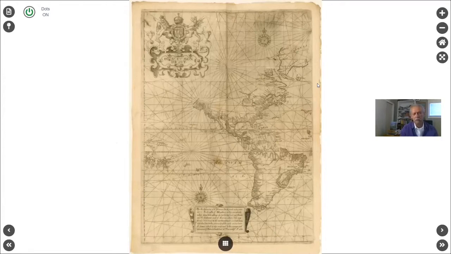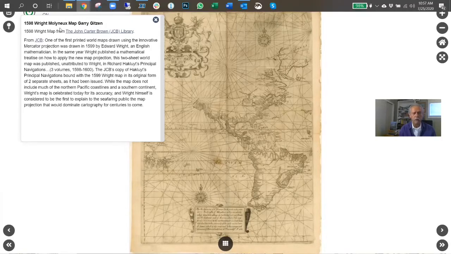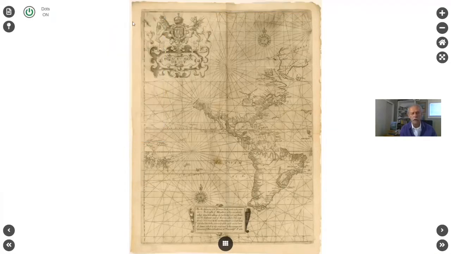Edward Wright was a well-known mathematician. He was a skilled designer of mathematical instruments, and he was an accomplished cartographer. While he was teaching mathematics in 1589 at the college in Cambridge, Queen Elizabeth decided she wanted to have him as her cartographer, and he became the first Englishman to develop navigational charts.